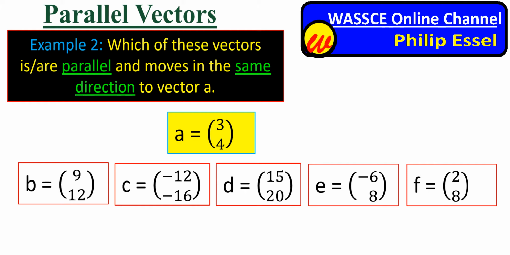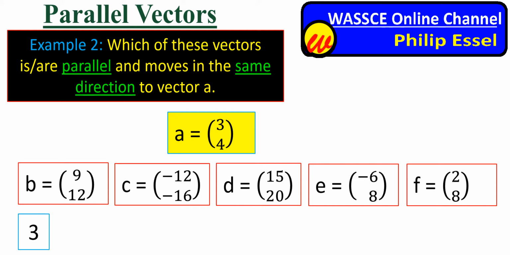Now, when you look at the vector B and the vector A carefully, you realize that you can get the vector B from the vector A simply by multiplying the vector A by the number 3 or by the scalar 3. So what it means is that the vector B is a scalar multiple of the vector A, and the scalar that resulted in the formation of the vector B is the number 3.